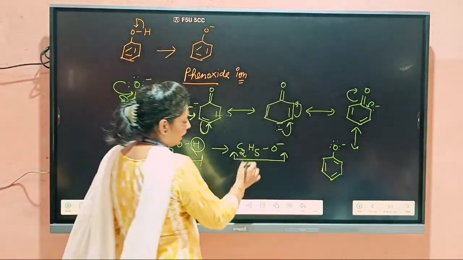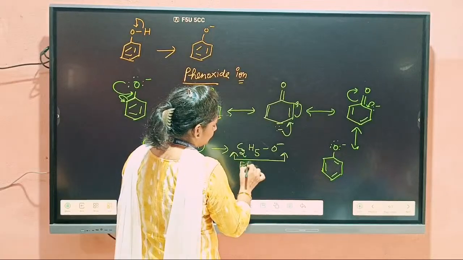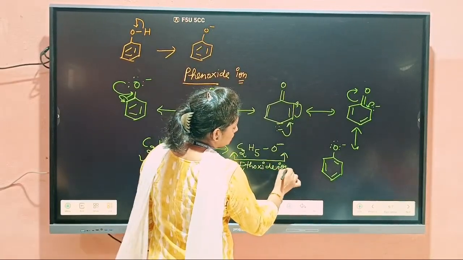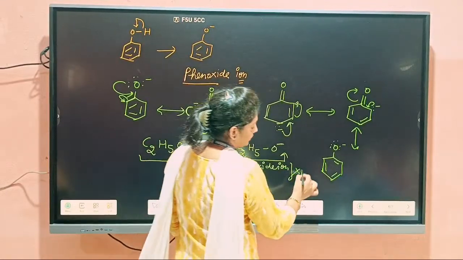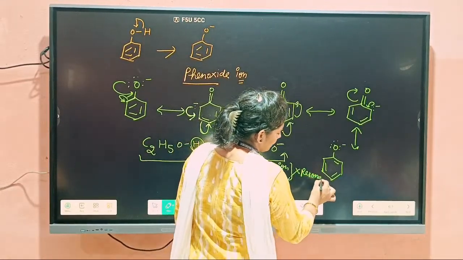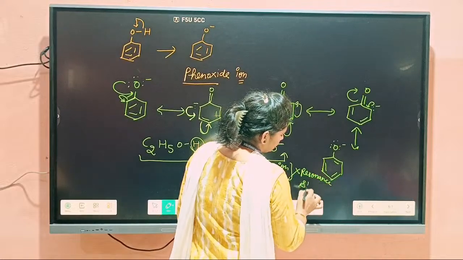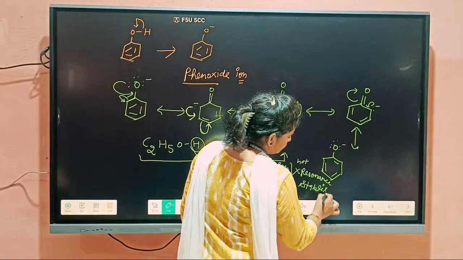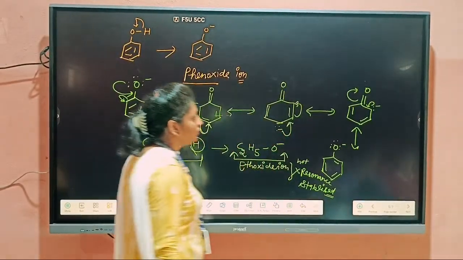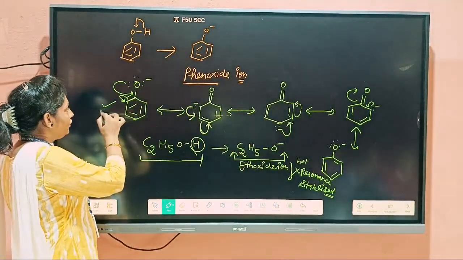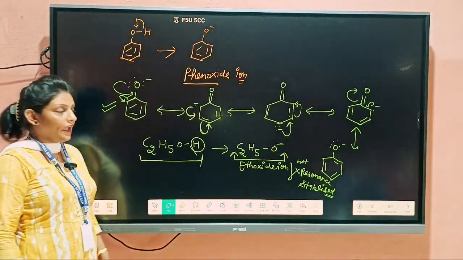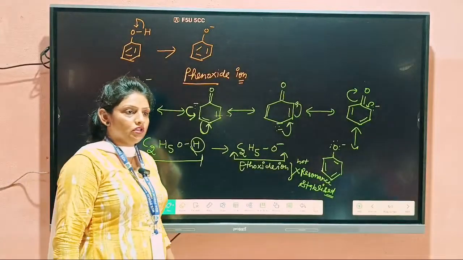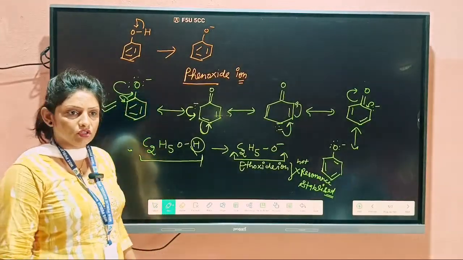So this ethoxide ion is not resonance stabilized. So student, due to the stability of the phenoxide ion, phenol is more acidic as compared to ethanol.